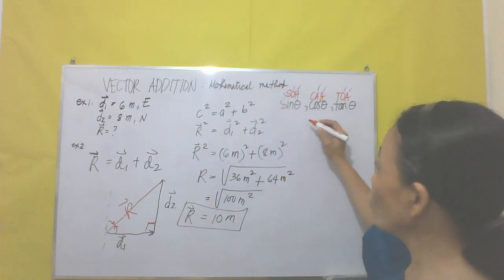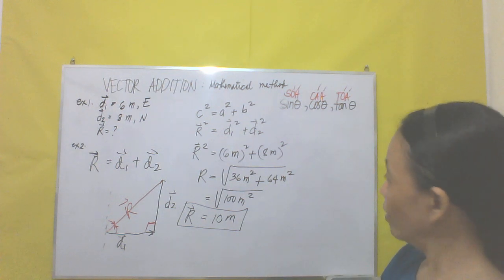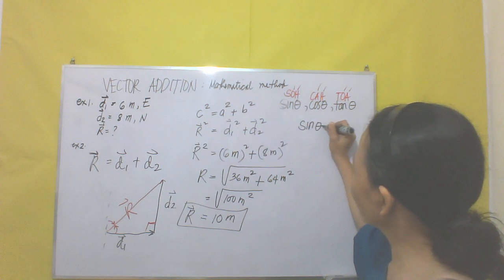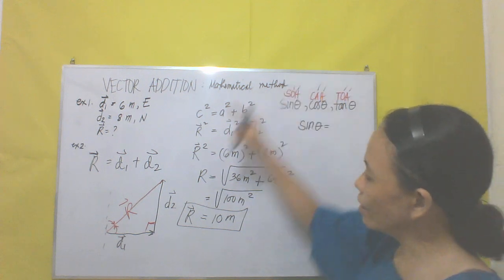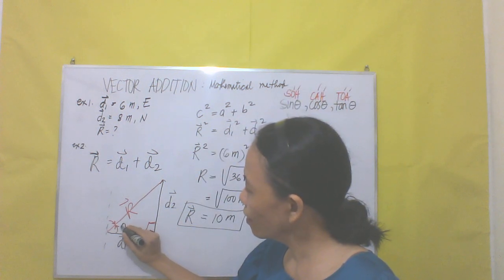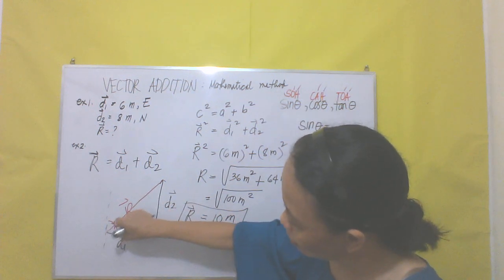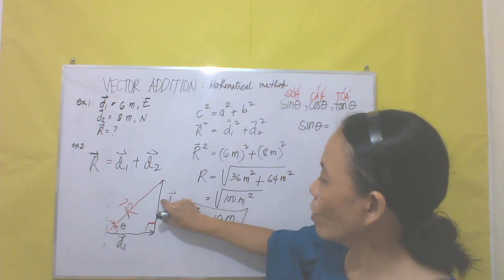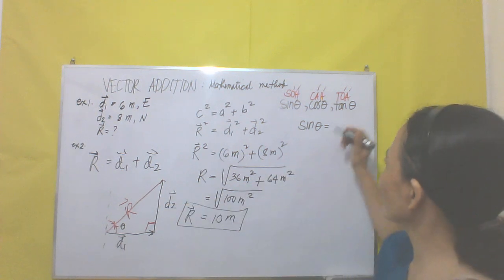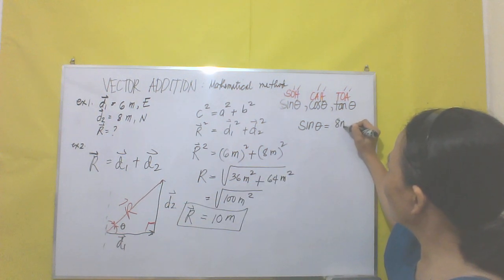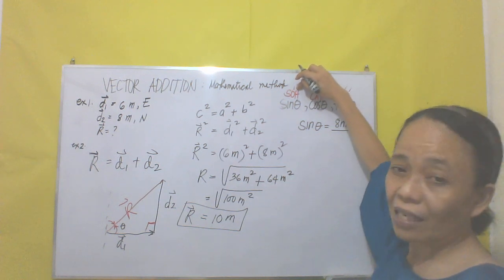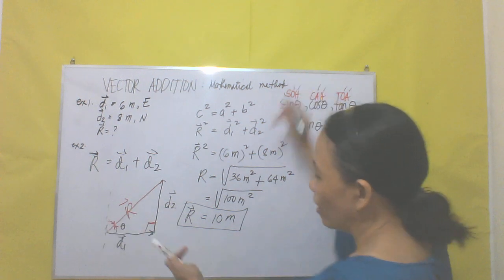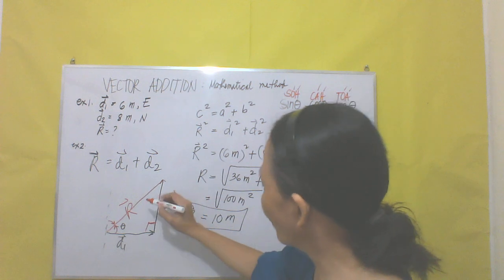So let us use the sine function. Sine theta is equal to the opposite side of this angle theta, which is 8 meters, divided by the hypotenuse or the longest side, our r, which is 10 meters.